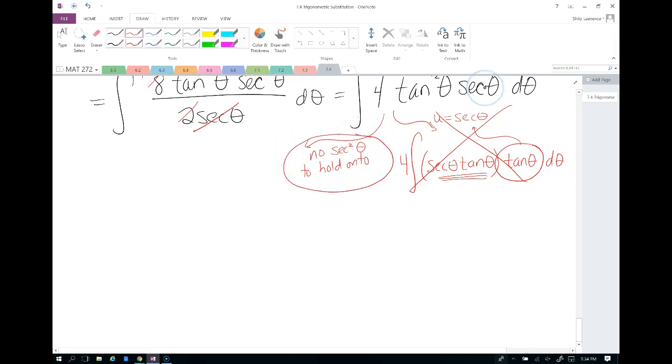We don't currently have a secant squared in there, but I could get a secant squared in there if I go ahead and replace tan squared right now. Replace the entire tan squared. So tan squared is equivalent to secant squared minus 1.